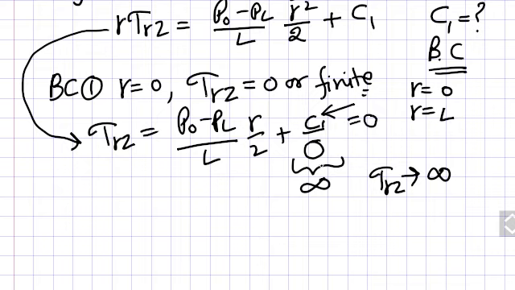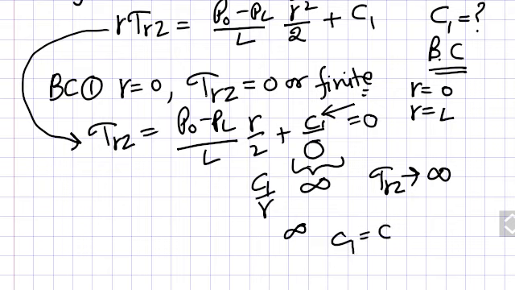Because if there is some finite value of C1, then definitely this kind of term will come, and when we put r is equal to 0, this term will become infinite. So we can say that since it cannot become infinite, this term is not there in the first place. So C1 is equal to 0.